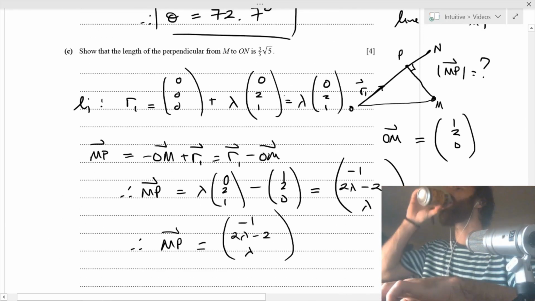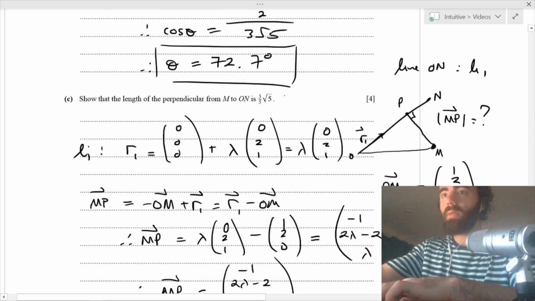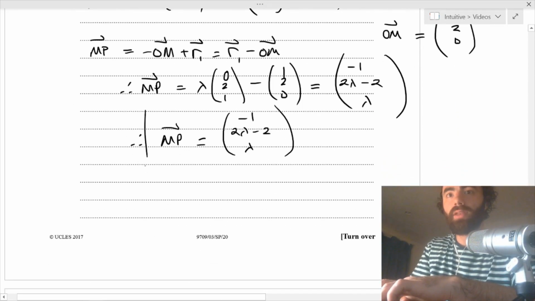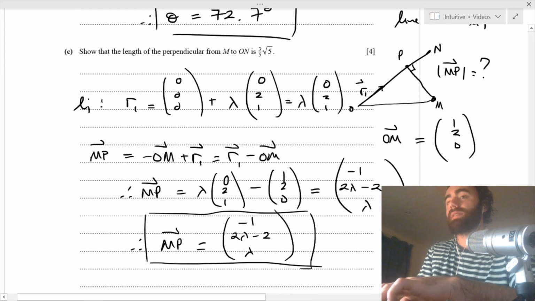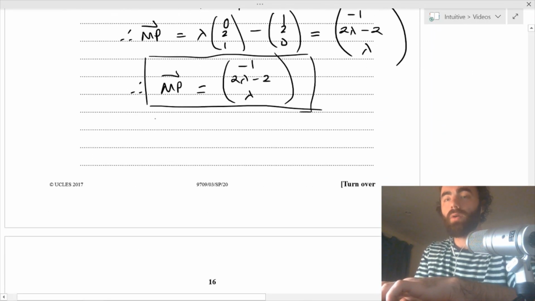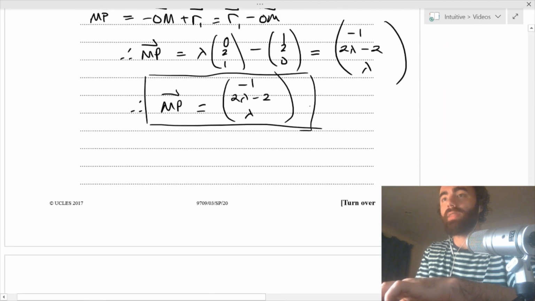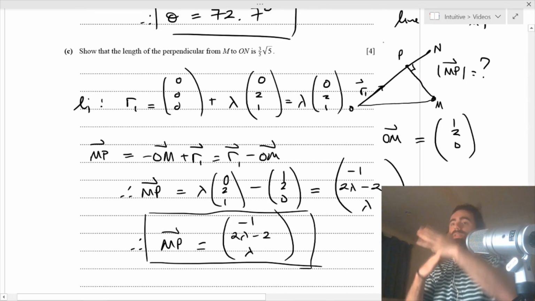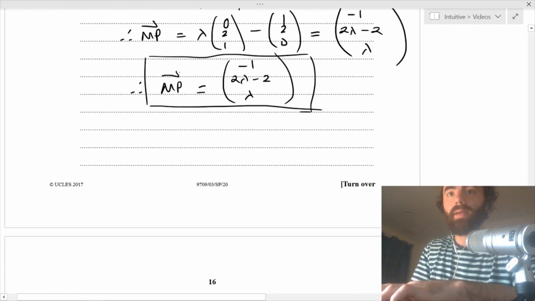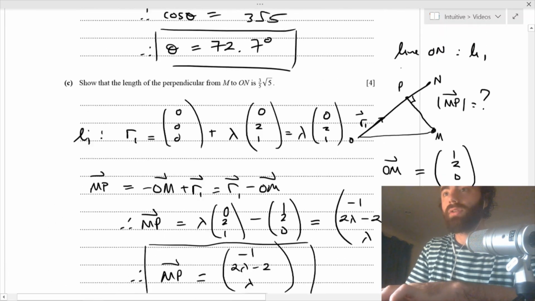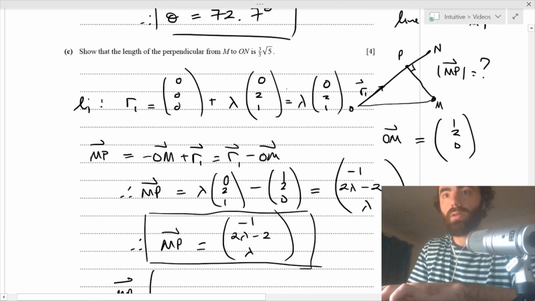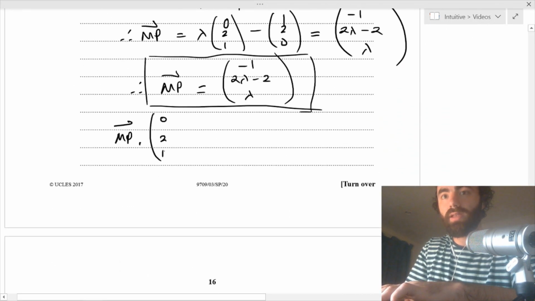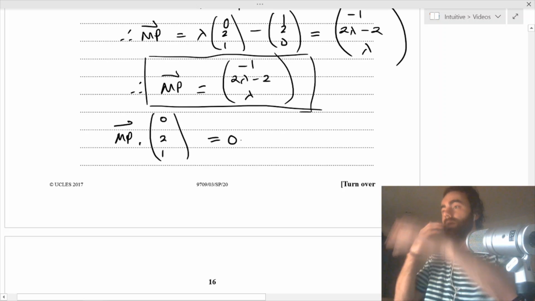But we need to find the specific lambda which gives this P, where P is perpendicular to M. We can find that because it occurs when they're perpendicular to each other. So that means it occurs when MP dotted with the direction vector of this line ON, which is (0, 2, 1), equals 0, because that's when they're perpendicular.